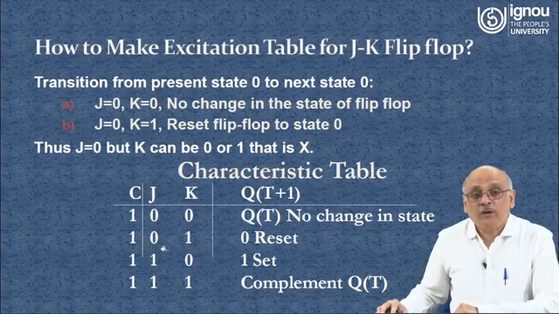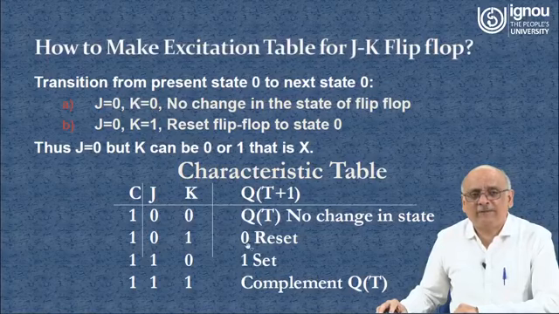Then in this particular case, when J equals 0 and K is 1, this is the reset. For the reset state, what happens? Suppose the flip-flop was in state 0 first. If it is in state 0, it will once again be set to state 0 by using 0 and 1.